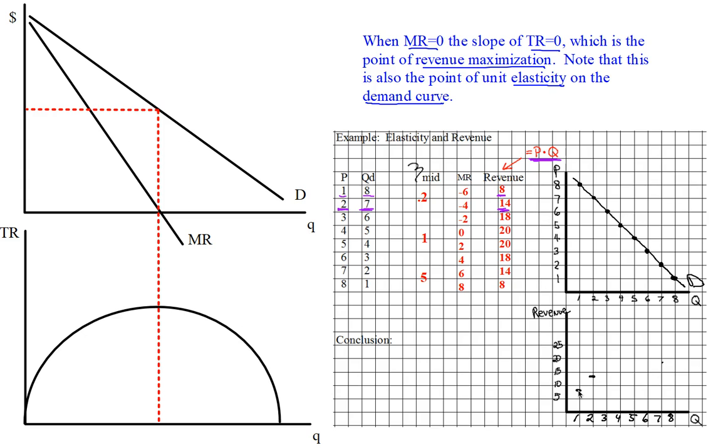At 3, the revenue would be 18. When the quantity is 4, the revenue was 20. Quantity was 5, the revenue was 20. And then back down on the other side. Then we connect these dots, and that's going to be our revenue curve.